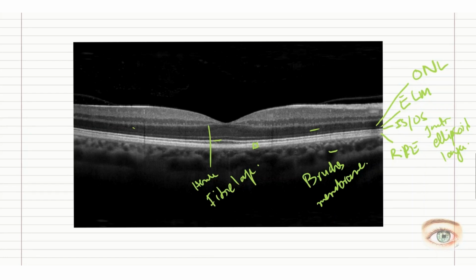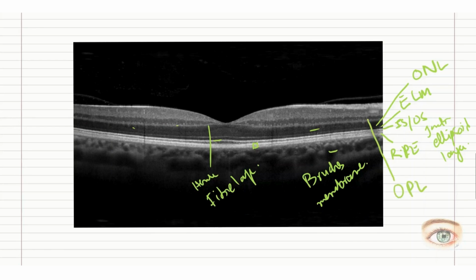Now, you can see at the foveola, we only have the nuclear layer and the Henle fiber layer and no other layer, right? So this very hyperreflective layer is called the outer plexiform layer.